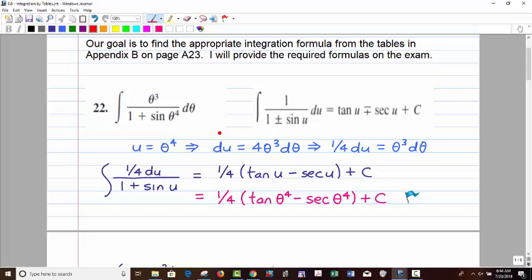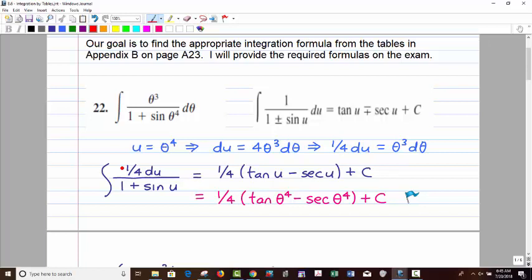In other words, yes, we are using this formula, but we have to identify that u is theta to the fourth, therefore du will be 4 theta cubed d theta, and then 1/4 du will equal theta cubed d theta. So this theta cubed d theta is represented by 1/4 du. So we have to include that 1/4 if we want to make sure we get this problem exactly right.